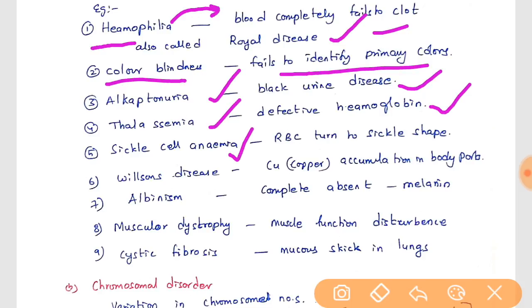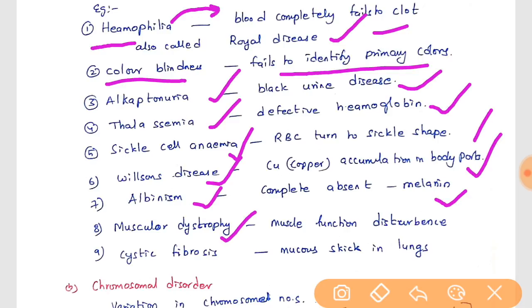Sickle cell anemia, RBC turn to sickle shape friends. Wilson's disease, copper accumulation in body parts. Albinism, complete absence of melanin. Melanin, what is melanin? Is a pigment which is responsible for the complexion of our skin, friends.